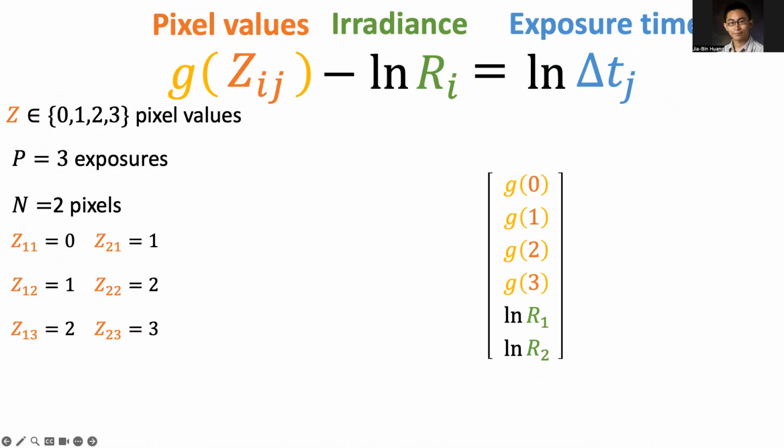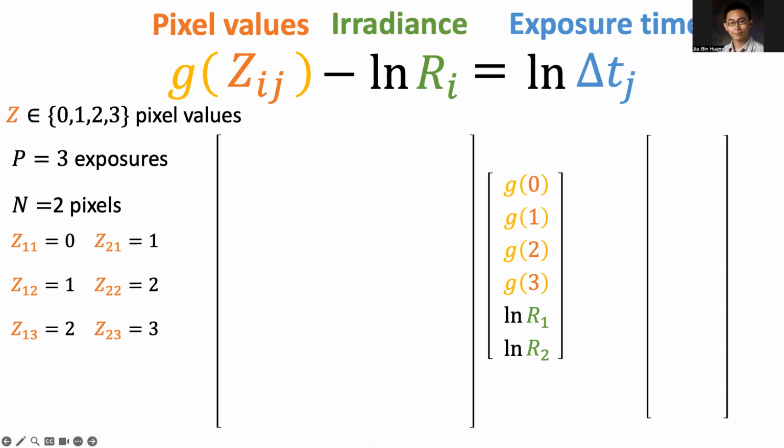Okay? So when I have a column vector that's full of unknowns, what I need to do is set up a linear system of equations so that I can solve it. It looks like this. Suppose I look at the first pixel and the first exposure. This is what it would look like.